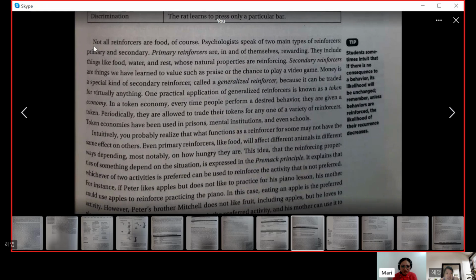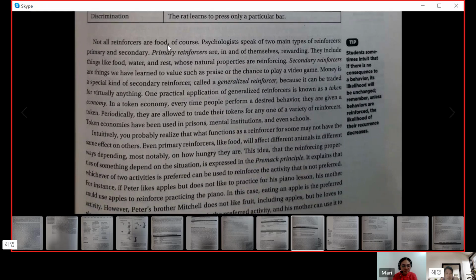So, not all reinforcers are food. Of course, psychologists speak of two main types of reinforcer, primary and secondary. Primary reinforcers are in and of themselves rewarding.